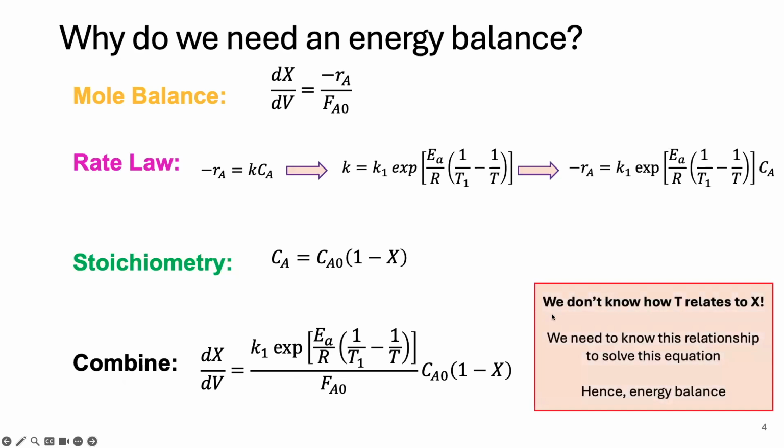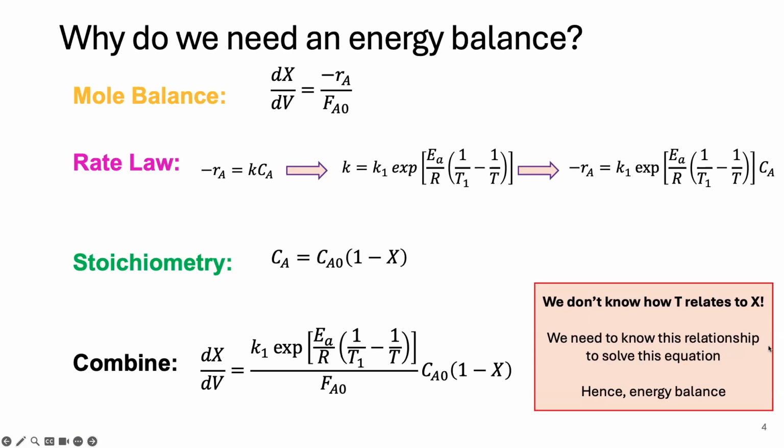Again, we don't know yet how temperature in the reactor relates to X in a non-isothermal reaction. So we need to develop this relationship and solve for this as part of our design process.